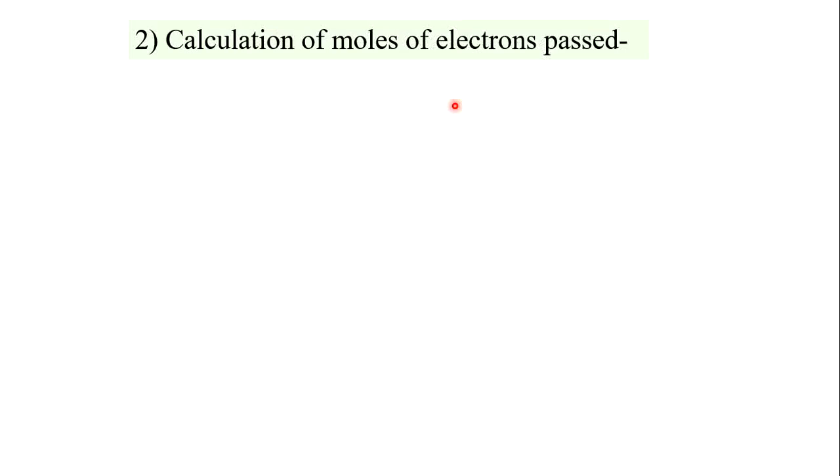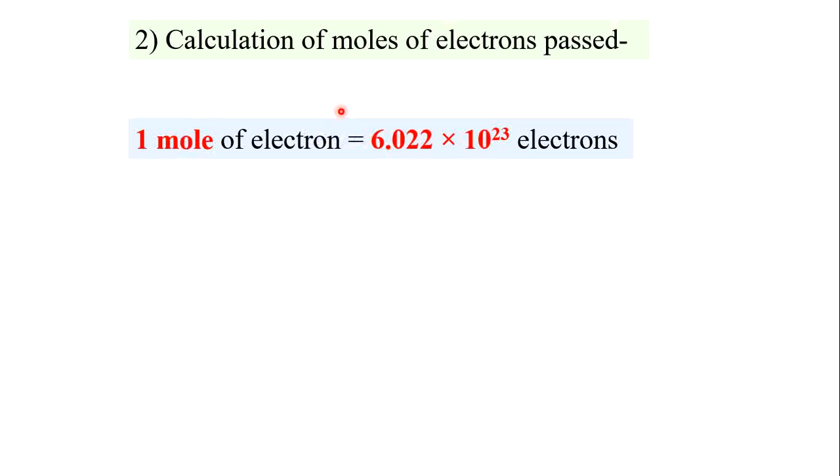Then the second step is the calculation of moles of electrons. How to calculate the moles of electrons passed? Now you know that 1 mole of any substance is equal to Avogadro's number of that particular particle.